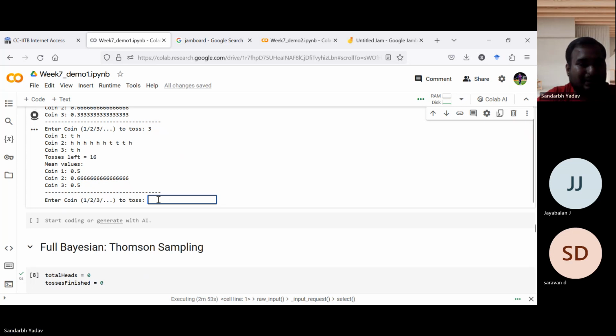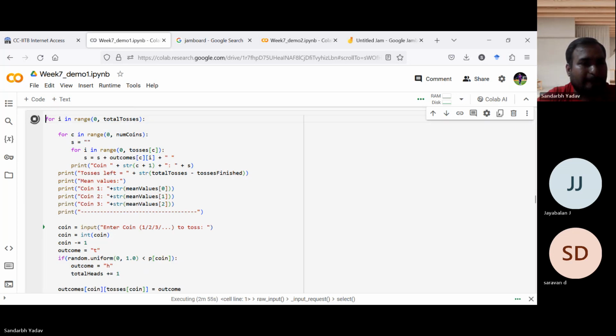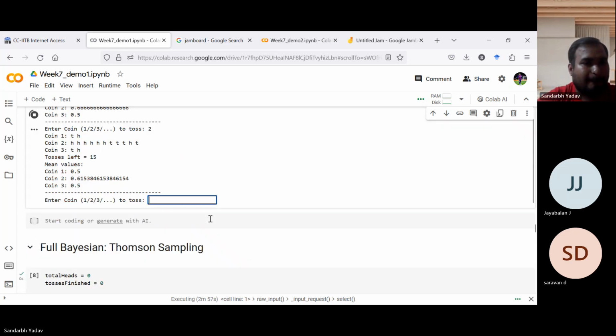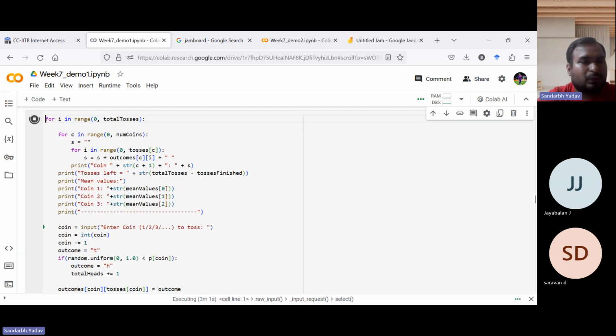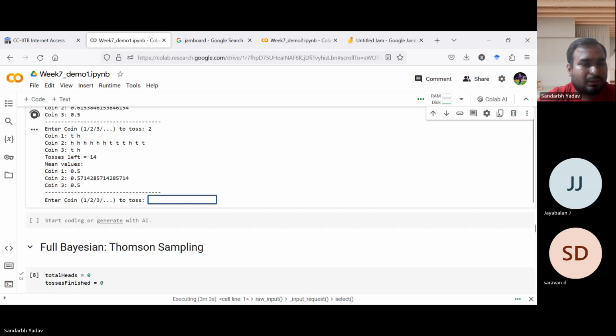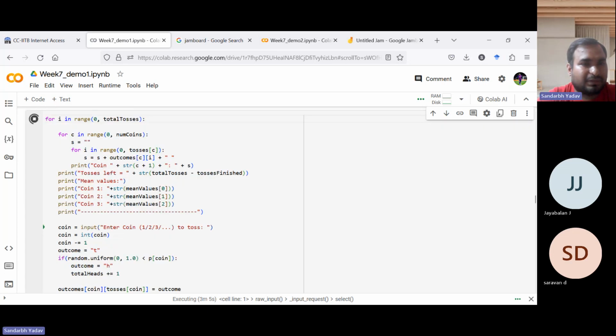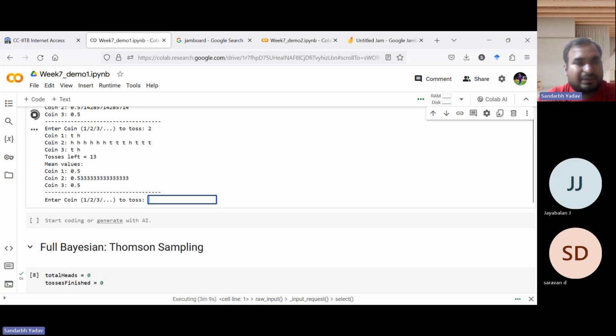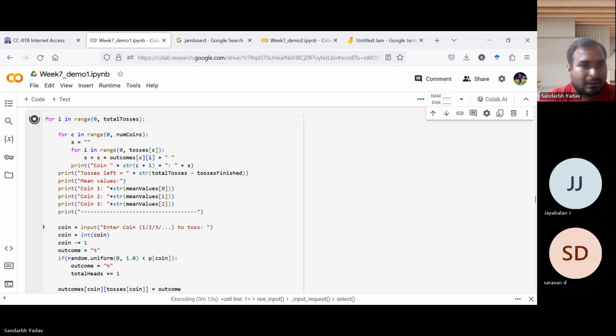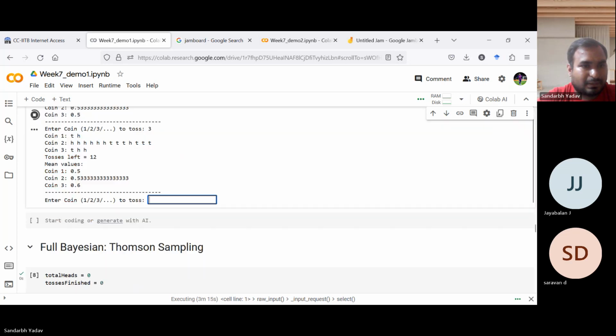So let's go with coin 2. Coin 2 keeps on getting more and more tails now. Reduced to 0.57. Again tail, 0.53. Now we are again worried. Let's do one more time.